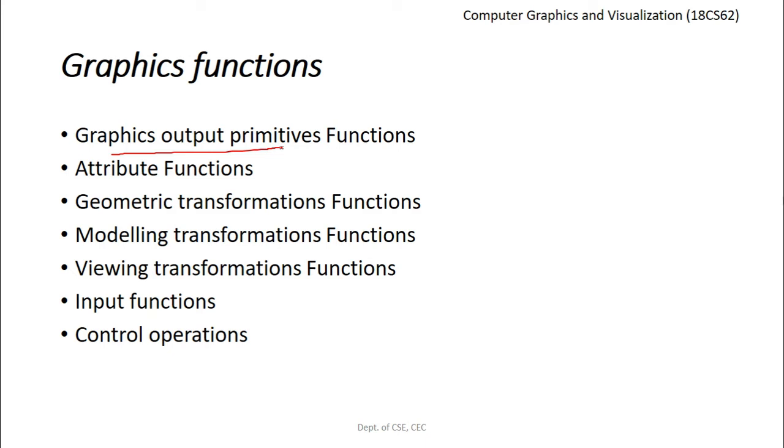We define these objects using different point positions or different coordinate positions. So that is what we call the output primitive function, using which we can draw character strings or the basic geometric entities. When we are talking about basic geometric entities, it can be as simple as a point to a complicated polygon or some other shapes defined using arrays of color points.